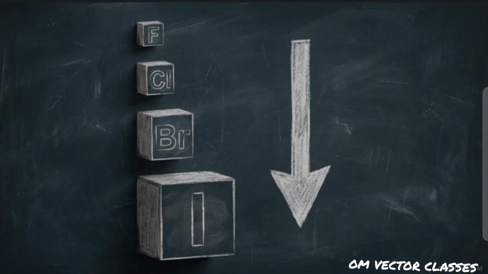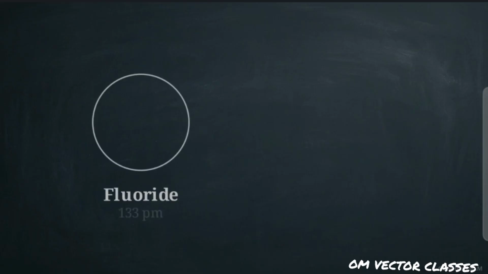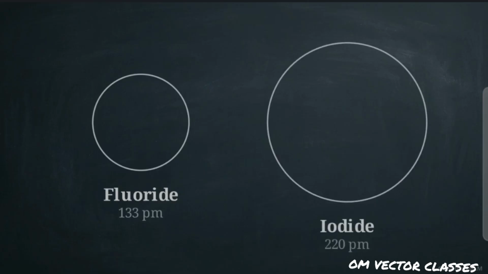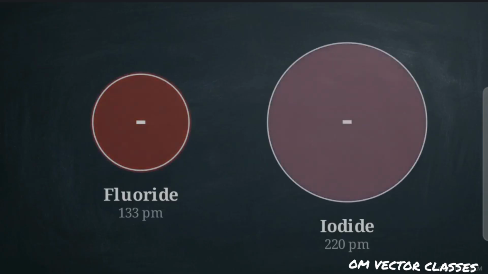Moving vertically down a column, that rule collapses because the physical size of the atoms expands. This diagram compares the spatial footprint of a fluoride ion at 133 picometers against an iodide ion at 220. When hydrogen fluoride loses a proton, the full negative charge is forced into fluoride's tiny volume, creating electrostatic repulsion.